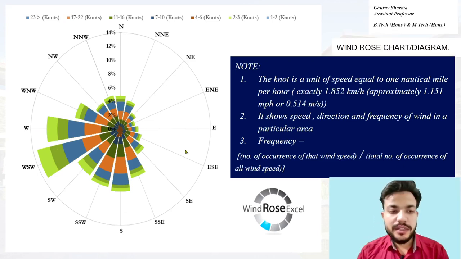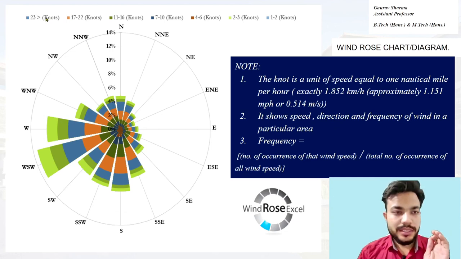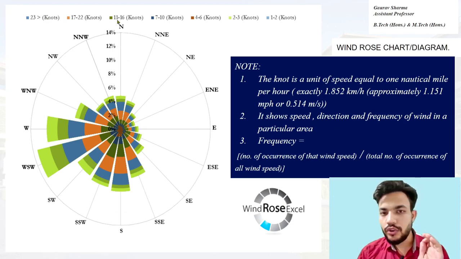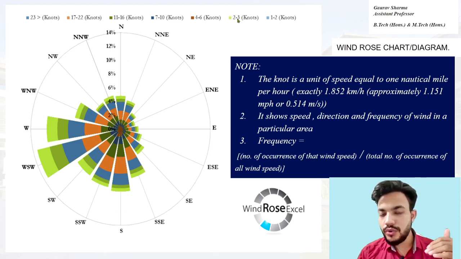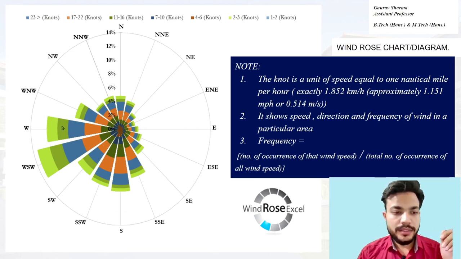You can see there are different colors: light green, dark green, light blue, dark blue, and so on. These colors indicate the different categories of wind speed. You can see these legends marked on the top side of the chart. Here the light green means 2 to 3 knots of wind speed, whereas the dark green means 11 to 16 knots. So in this way different speeds are mentioned.